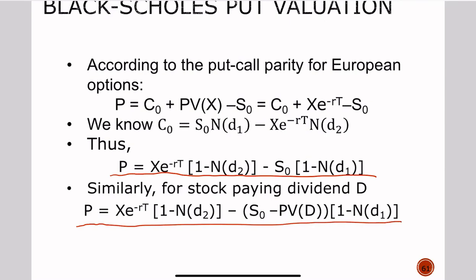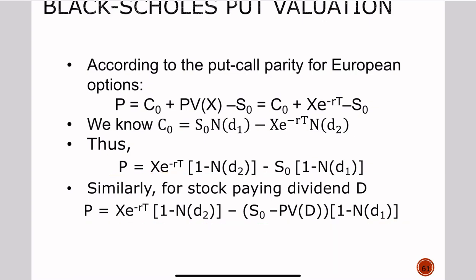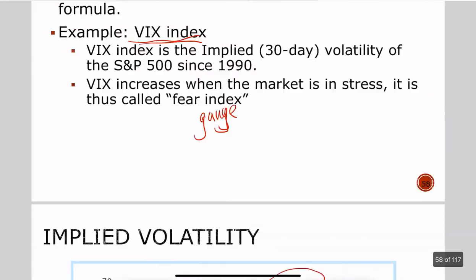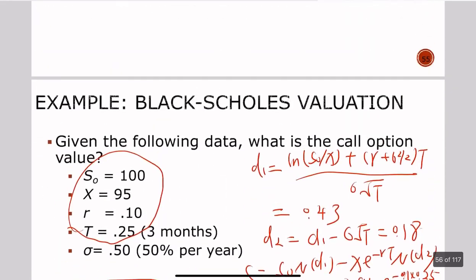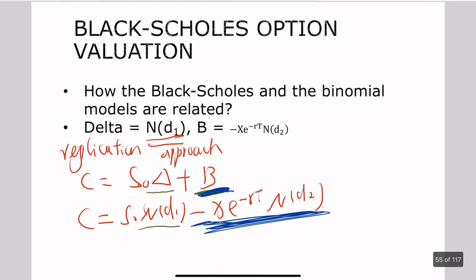What you can see here is that if you look at this formula, it also gives you delta. Because if you look at this binomial approach, delta is essentially the number after the stock price, right?